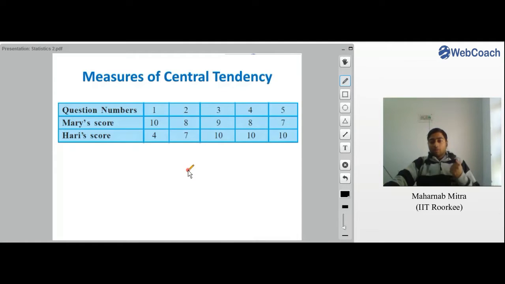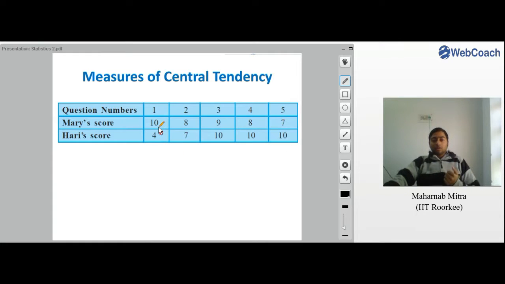So let us understand this better with the help of an example. Here, the marks scored by a girl and a boy are given. According to the question, for tests number 1 to 5, they have scored different marks out of 10.